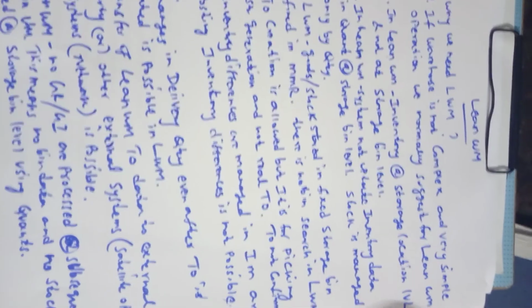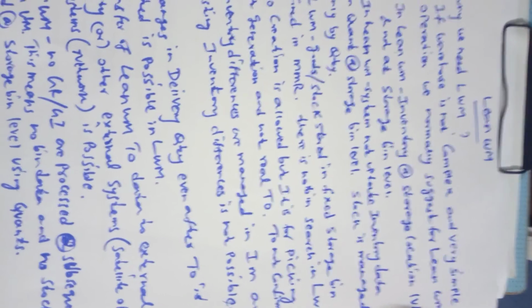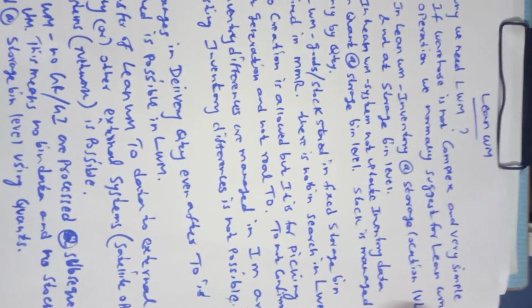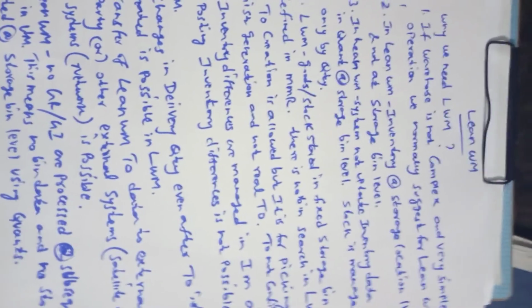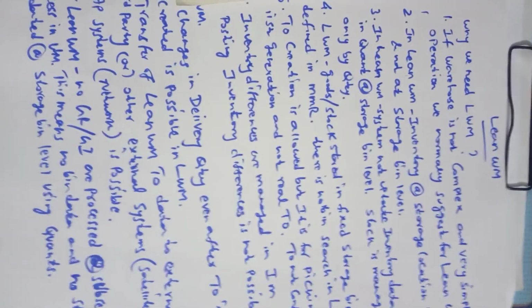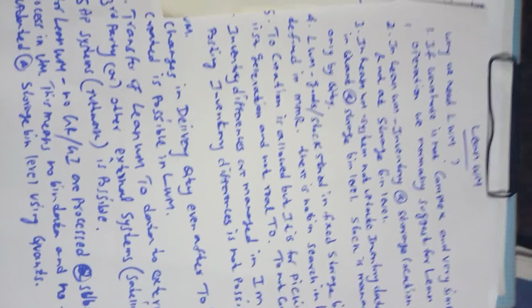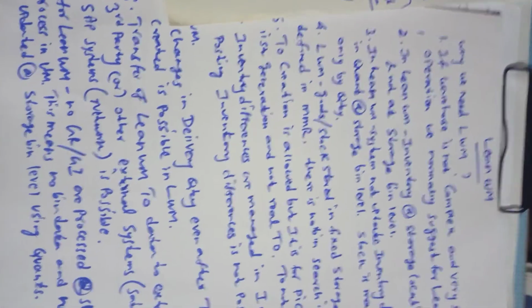And actually inventory is taking place at the storage location level only, and not at the bin level or quant. So that is important. The TO creation is allowed in lean WM, and no TO confirmation or goods movement is recorded in lean WM.